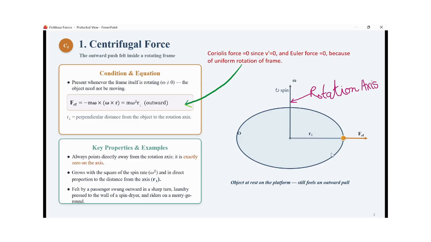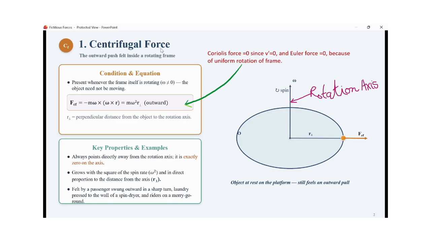So since the observer is rotating, it is having some acceleration, so this object will feel an outward push in this direction, and this push is because of the presence of this centrifugal force. So the object actually is at rest on this platform, but still it feels an outward pull in this direction.